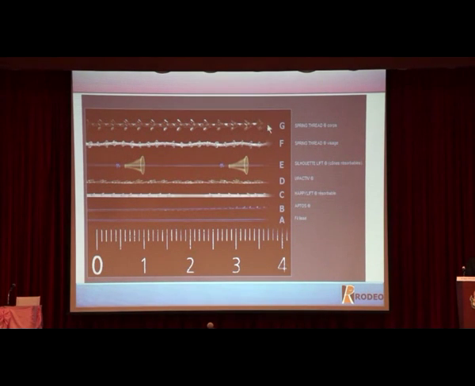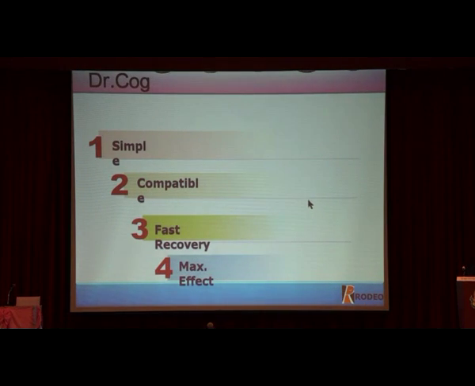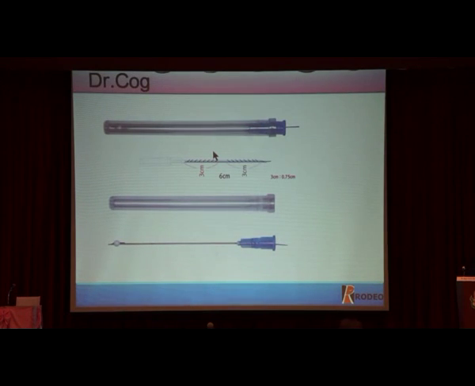Other thread types are spring thread, silhouette type, cone type thread, Happy Lift, and Aptos. The brand we are now using is Dr. Koch. Dr. Koch is simple, compatible, fast recovery, max effect. Dr. Koch is 23 gauge with thread size 30.